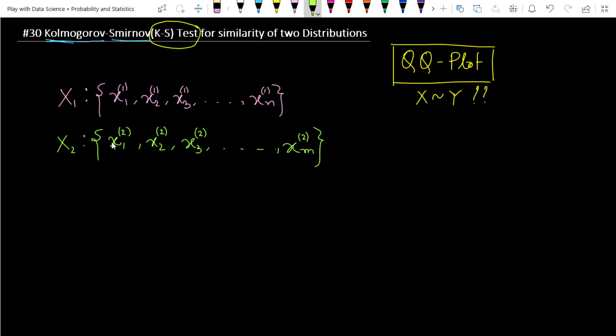So the number of observed values for x1 is equal to n, and the number of observed values for x2 is equal to m.